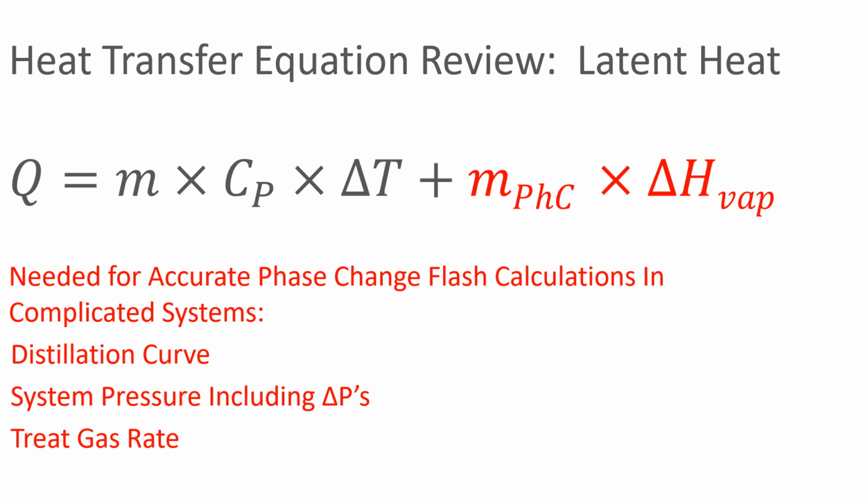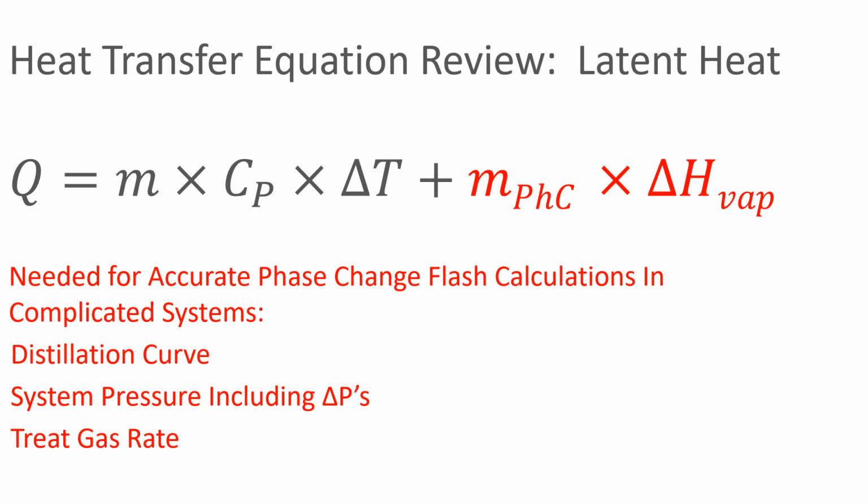So when we don't have a simple situation, when we don't have 100% condensation or a simple situation like just water, what do we do? To make those accurate calculations, we need a distillation curve for the mixture, whether it's crude overhead naphtha or NHT feed or distillate hydrotreater feed.